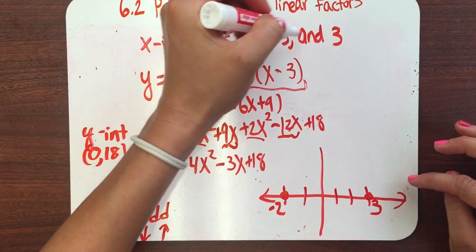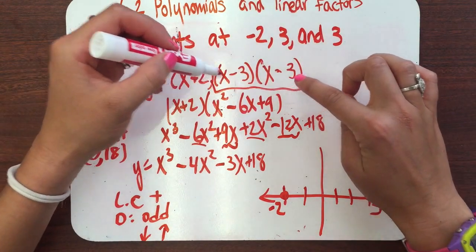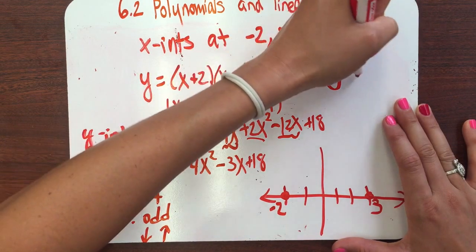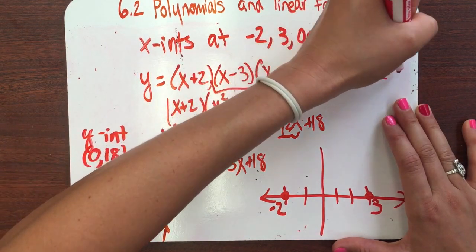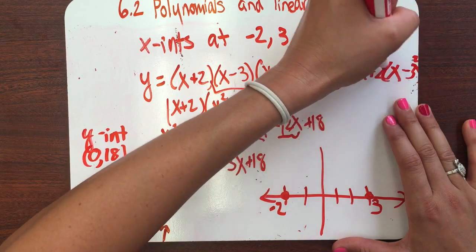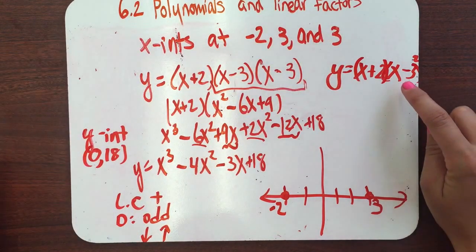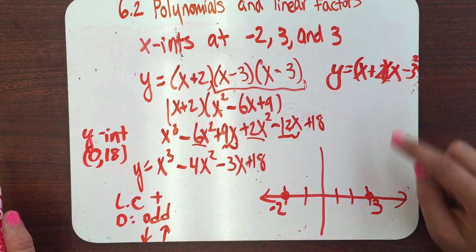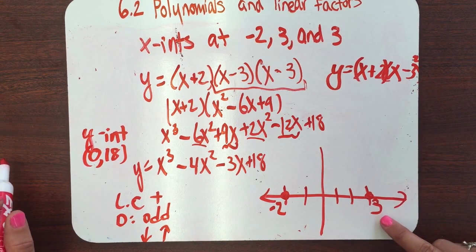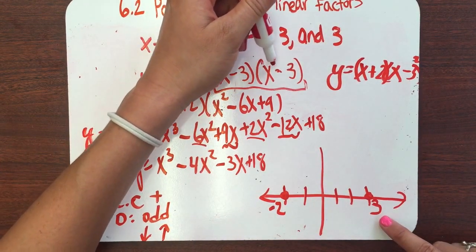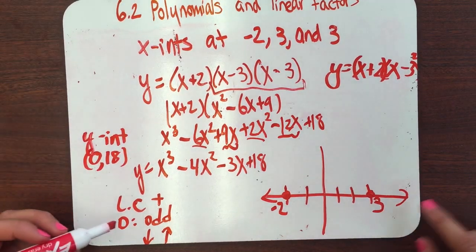Since we have 2 3's right here, we can also write this as y equals x plus 2 and x minus 3 squared. If we have an x minus 3 squared, that means that by this 0, we're going to have a parabola shape, because whenever we see an x squared, we should think of a parabola shape.